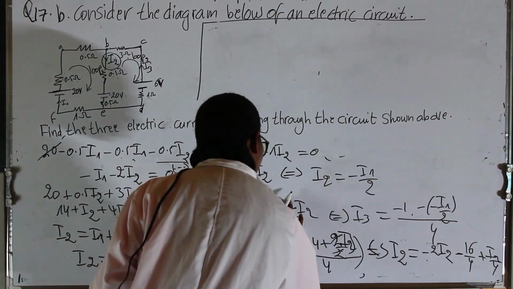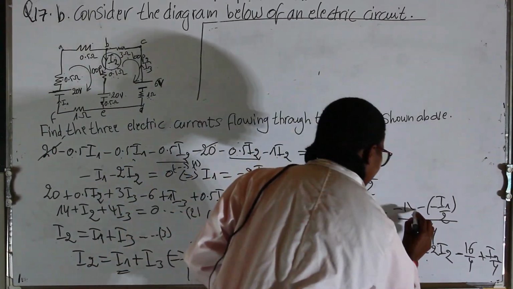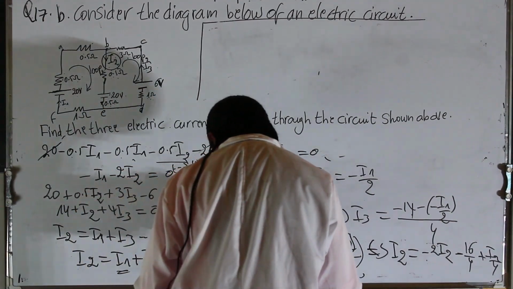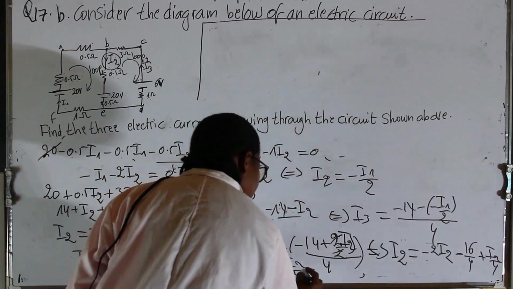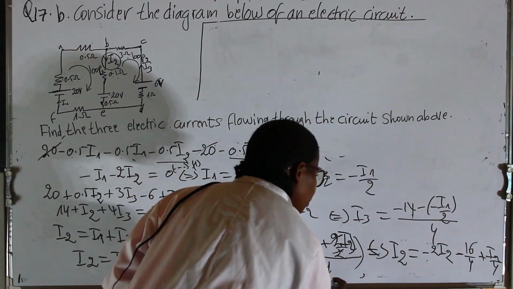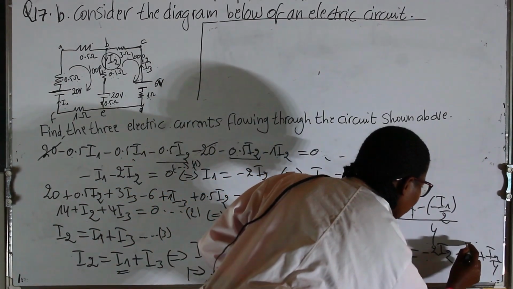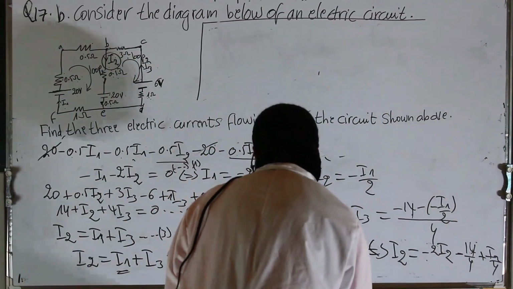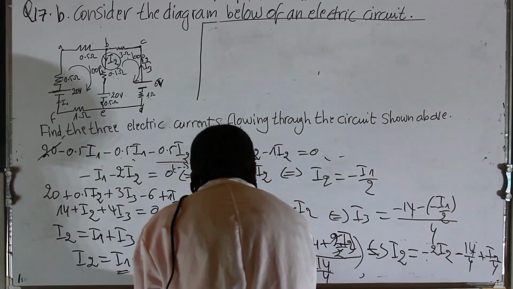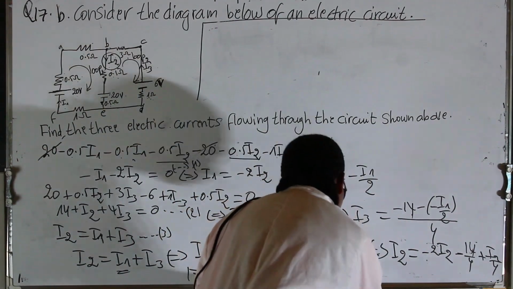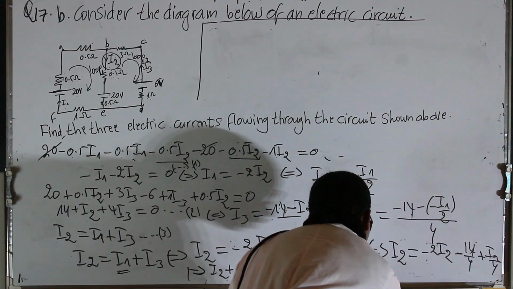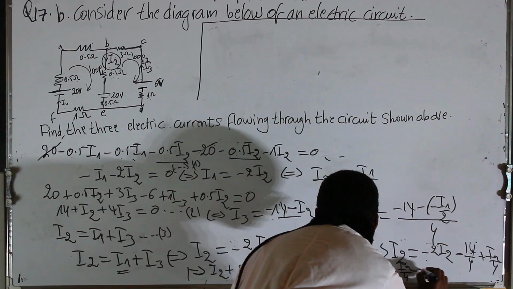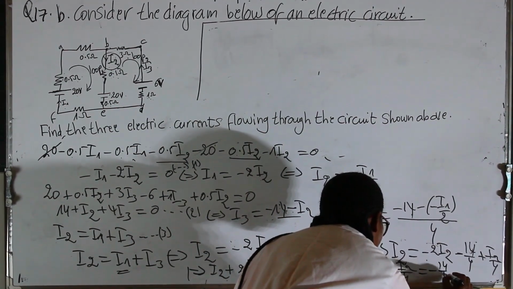Okay, yes, it is 14. Then we have this 14 over 4, this minus 14 over 4. Those are 3. We have 3 I2 minus I2 over 4, which is equal to minus 14 over 4.